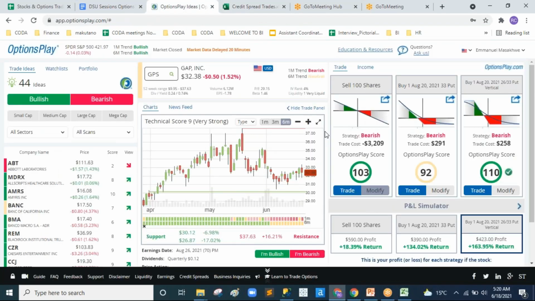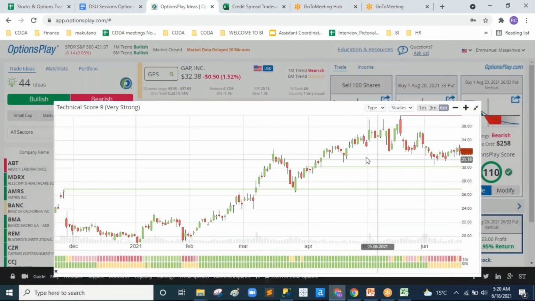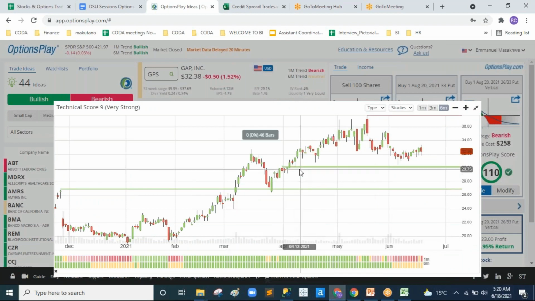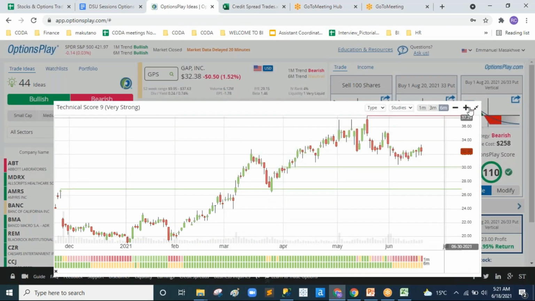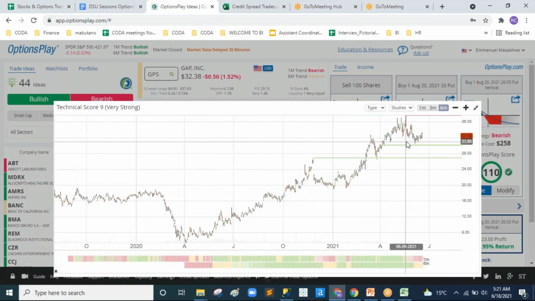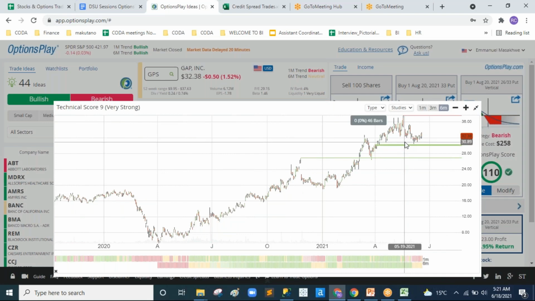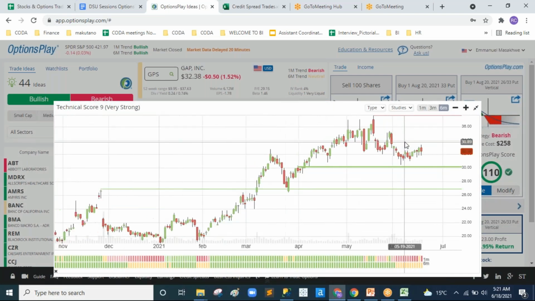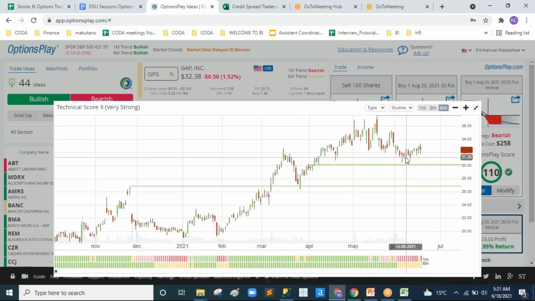So this is GPS, Gap Inc. It's generally bullish, right? From this point, it also has some good support here at 30, so you don't expect it to go much downward, right?